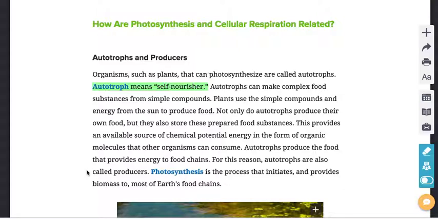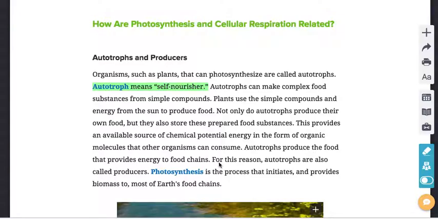Otherwise, if we were an autotroph, we would be able to go out into the sun and just make our own food just from standing outside. Instead of going and getting a tan, we would get green because we would be photosynthetic. And that's not what we can do.